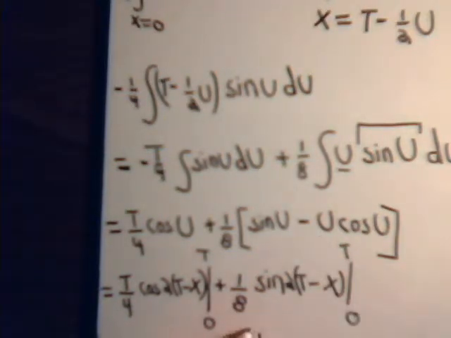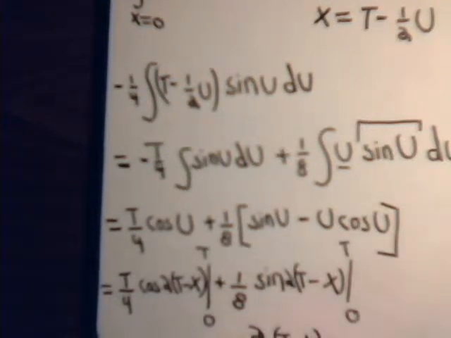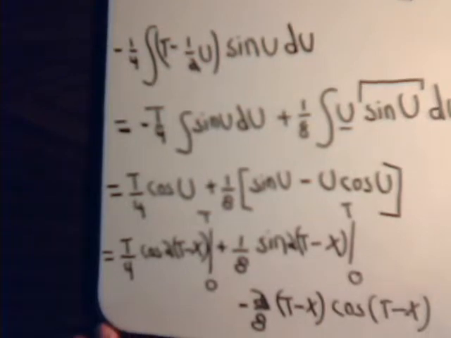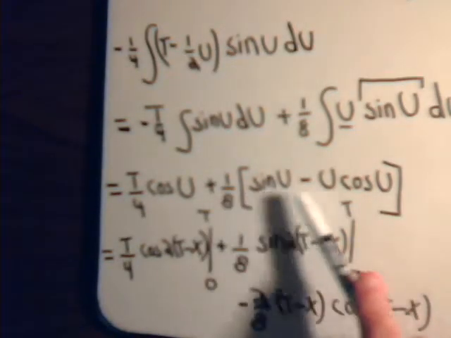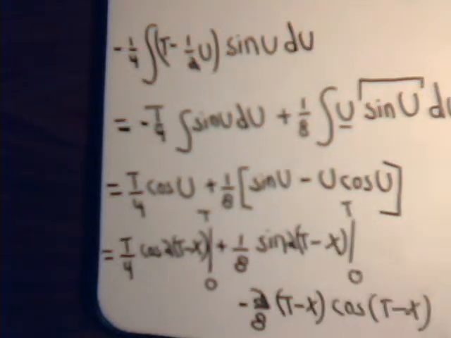We'll have minus 1/8 times u. U is 2 times t minus x times the cosine of u. That's t minus x.